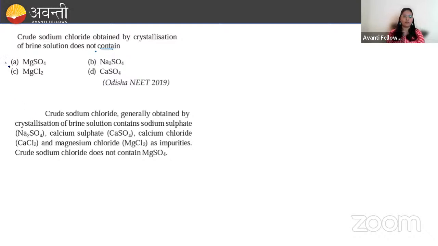So here our answer will be A. Crude sodium chloride generally obtained by crystallization of brine solution contains sodium sulfate, calcium sulfate, calcium chloride, and magnesium chloride as its impurities. Crude sodium chloride does not contain MgSO4. So that's why option A will be the correct answer.